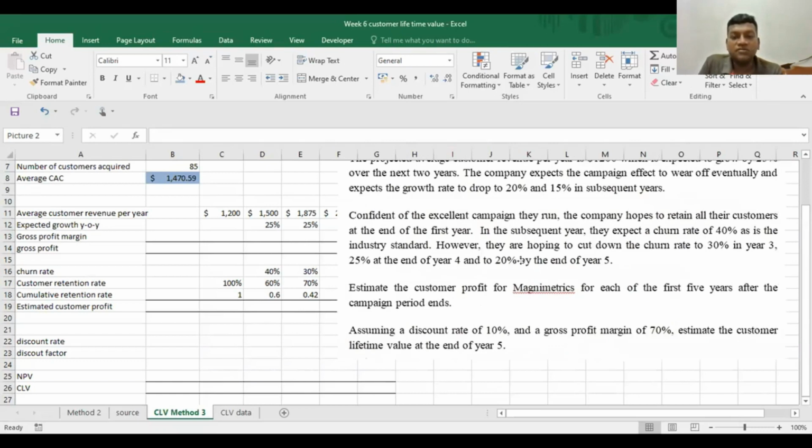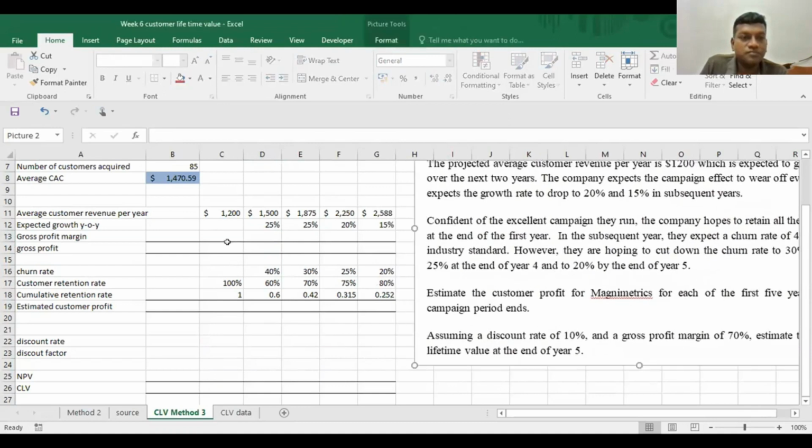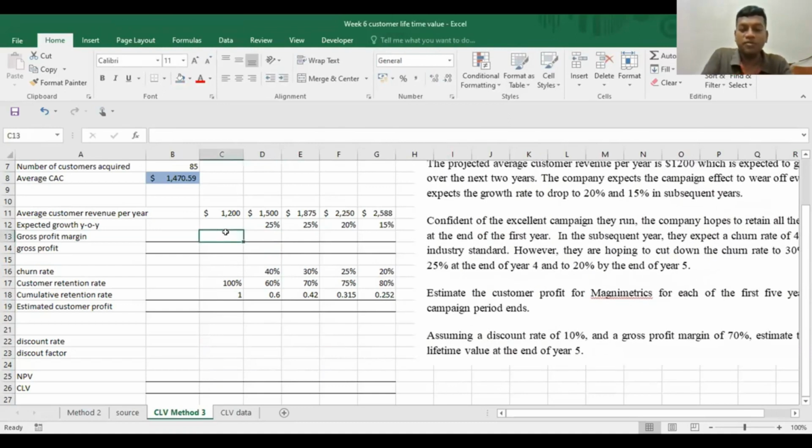So it's given the discount rate 10%, and it's given the gross profit margin. Okay, so the gross profit margin is here, 0.7, which stays constant. So basically you lose 30% of money in selling and general administrative expenses.